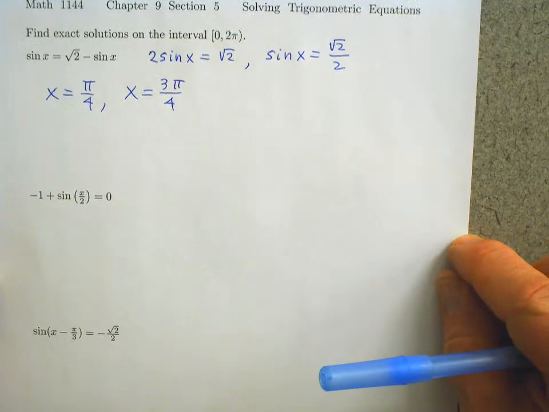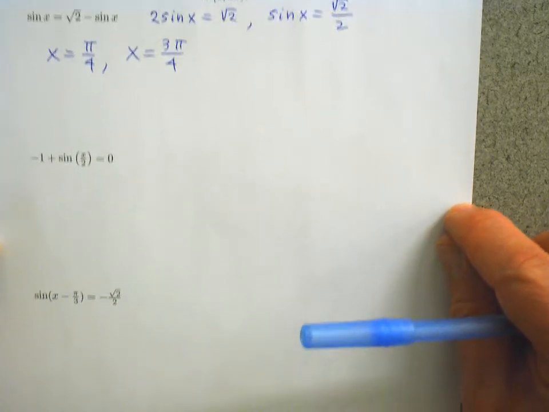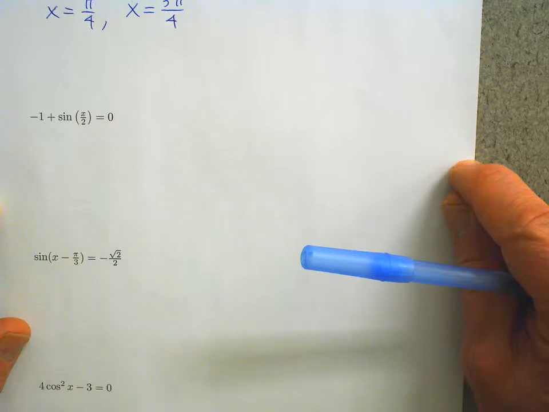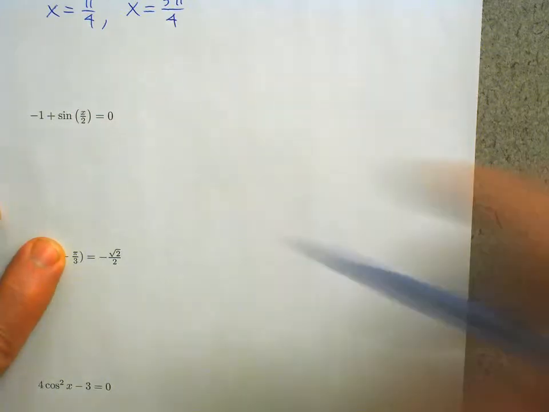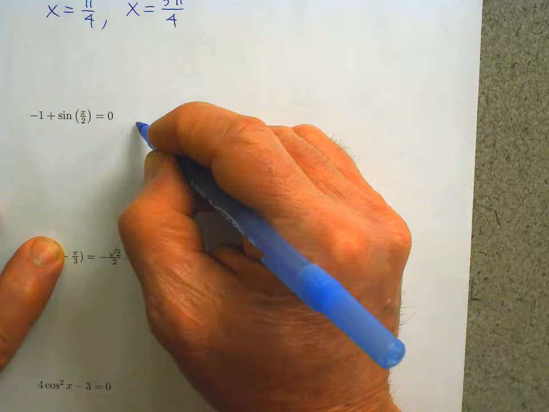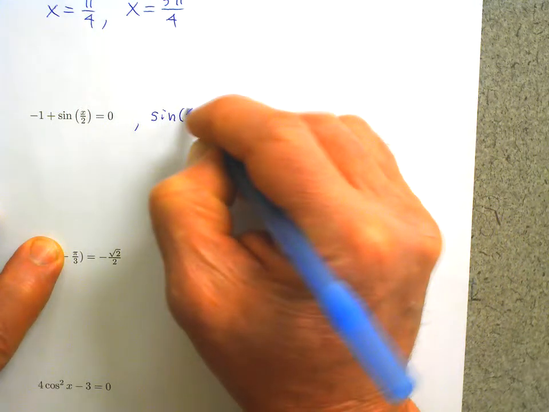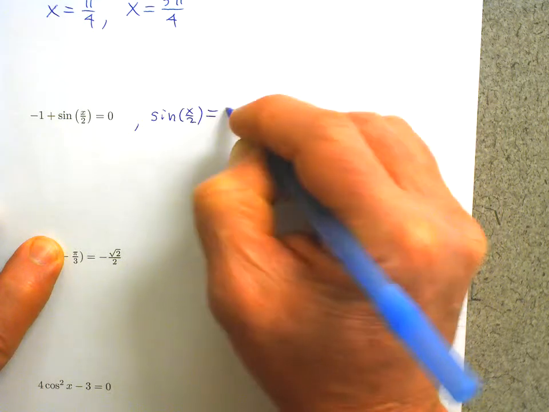So that seems pretty easy. The next one, negative 1 plus sine of x over 2 equals 0. So add 1 to both sides. Sine of x over 2 equals 1.